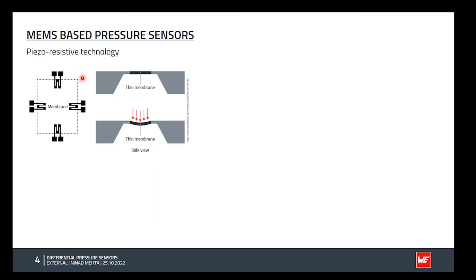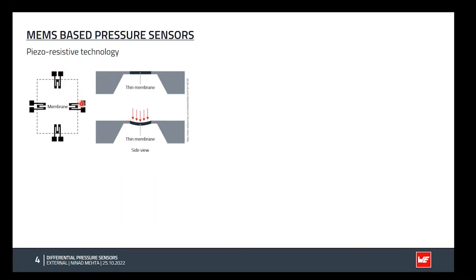Basically, we have a silicon substrate which is etched from the backside, and with a chemical etch stop layer we can stop the etching so that we have a very thin silicon membrane. On the top side, we have a thin membrane suspended in the air, and on the edges we dope the piezoresistors.